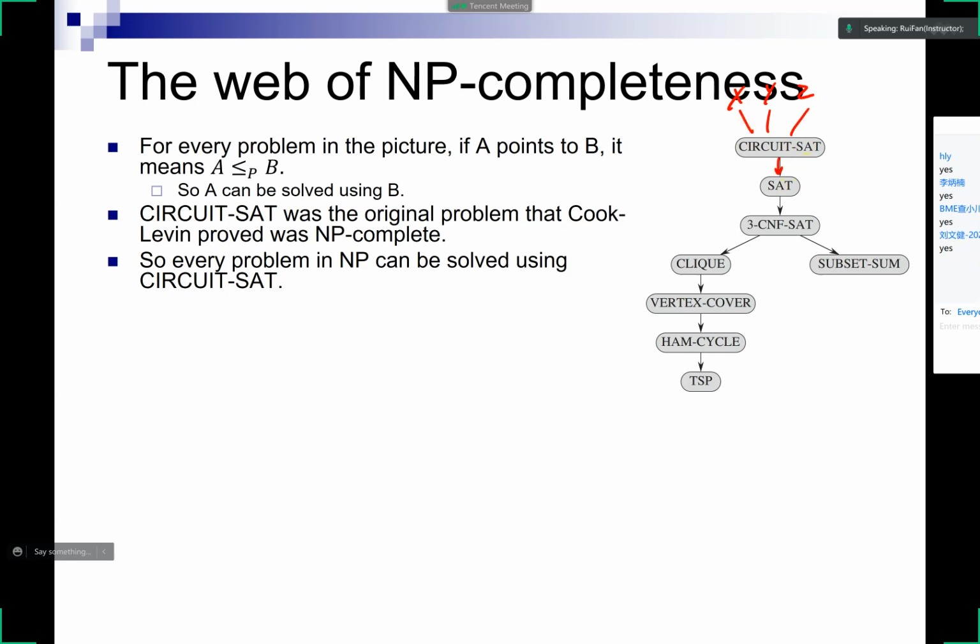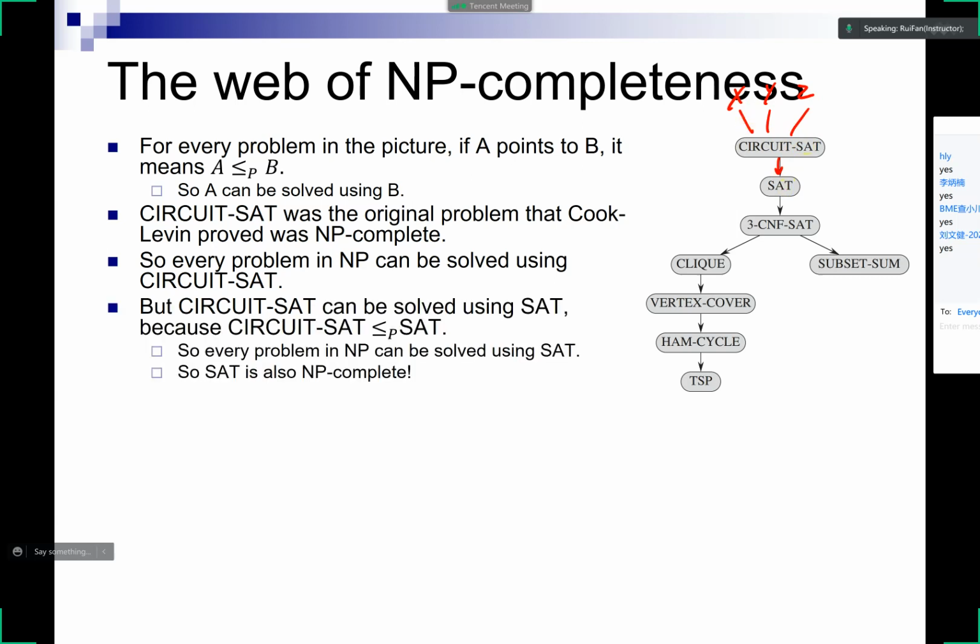And so now you can say that X, Y, and Z can be solved using SAT. Because in order to solve X, for example, you can map it to an instance of circuit SAT, and then to solve this instance of circuit SAT, you can map it to an instance of SAT. And once you solve the SAT instance, then you've also solved the instance of X.